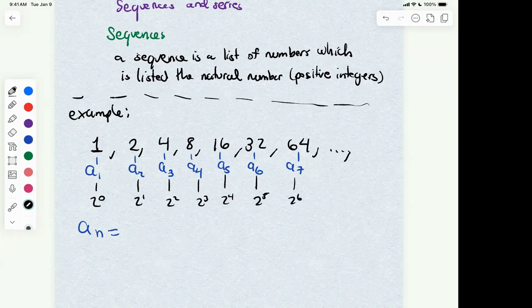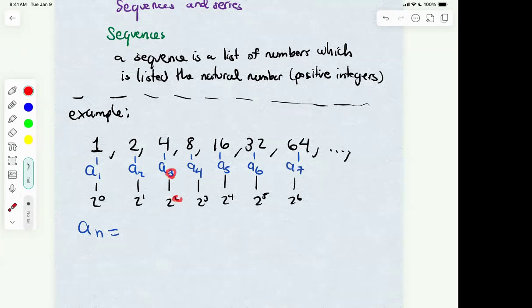So if you write every element in the sequence as a power of two, what you'll see is that the exponent and the position in which the element appears are related and differ by one, right? So essentially the element in the nth position is just 2 to the n minus 1, right?